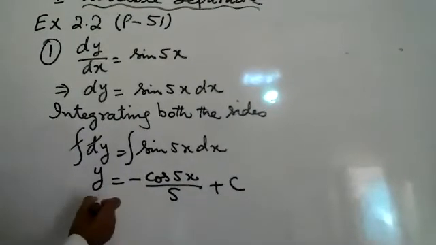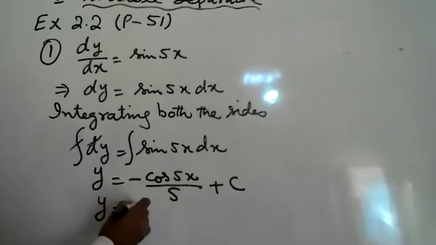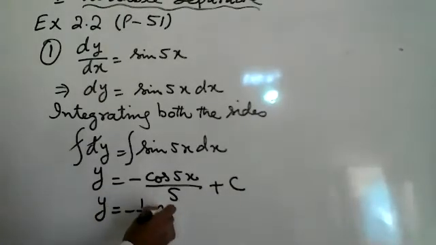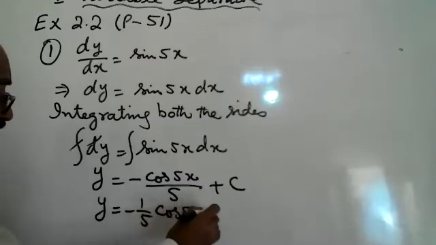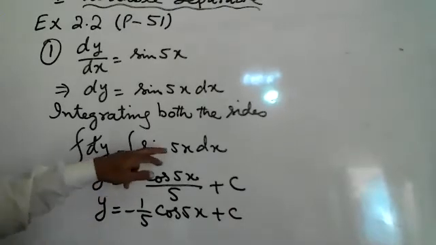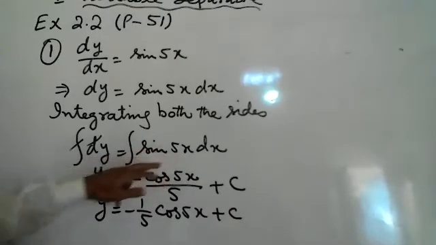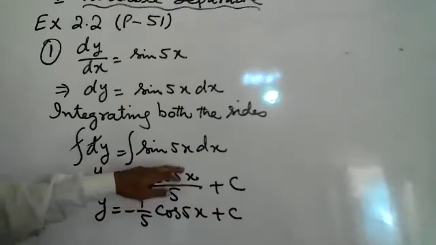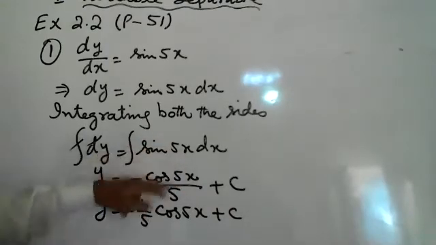So y will be equal to minus 1 upon 5 cos 5x plus c. This is the final answer. When we are integrating sin 5x, it will become minus cos 5x divided by the derivative of 5x.